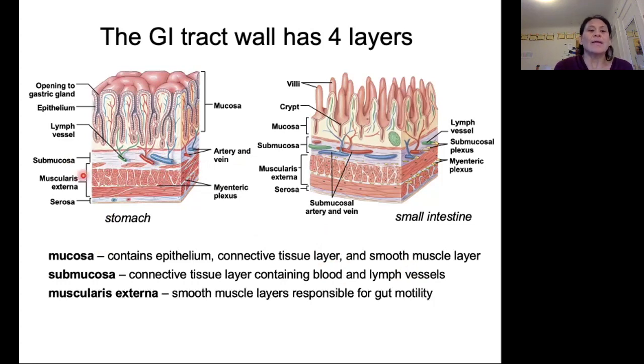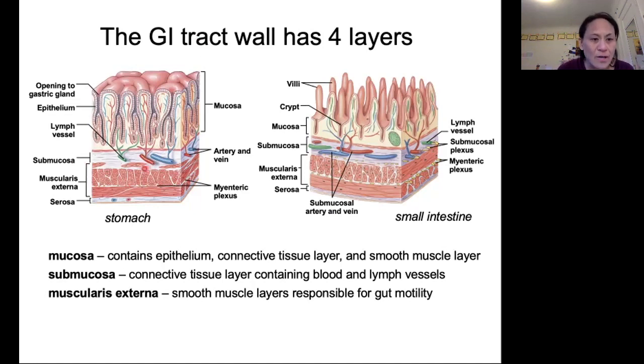Next up, we have the muscularis externa. The muscularis externa is a smooth muscle layer. It's actually several smooth muscle layers. So we can have a longitudinal muscle layer and a circular muscle layer. And then in some parts of the digestive tract, we also have a third layer that's oblique.